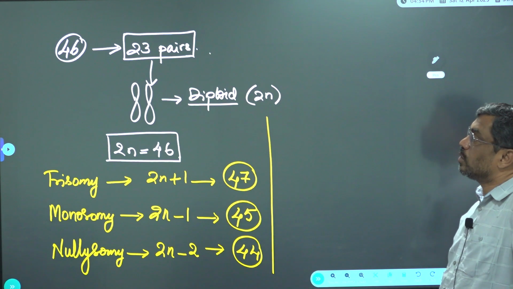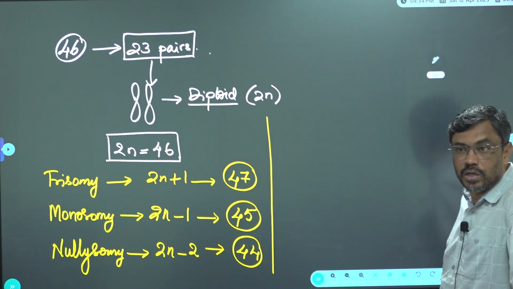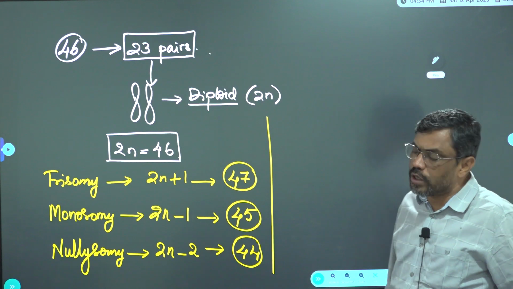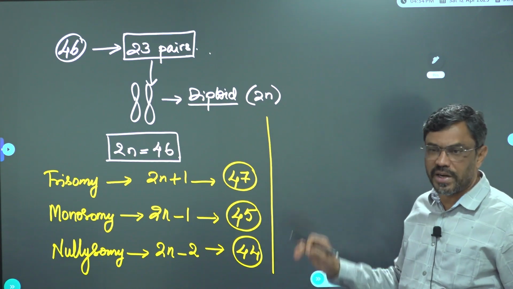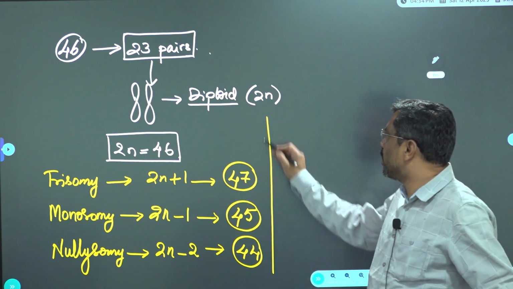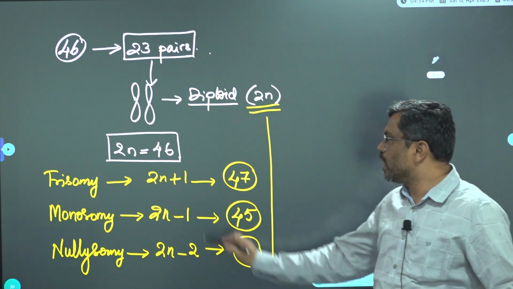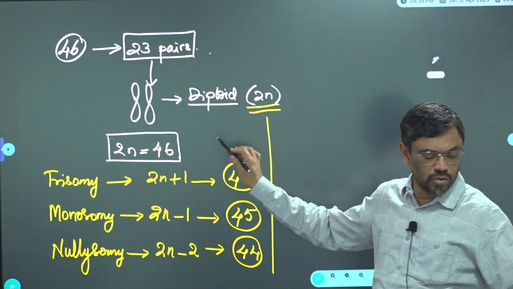So, the total number of chromosomes is 46. They exist as 23 pairs, and this is called the diploid condition, represented by 2n. This is the normal condition: 2n is equal to 46, which is equal to 23 pairs.